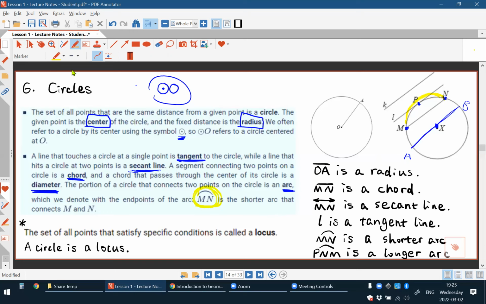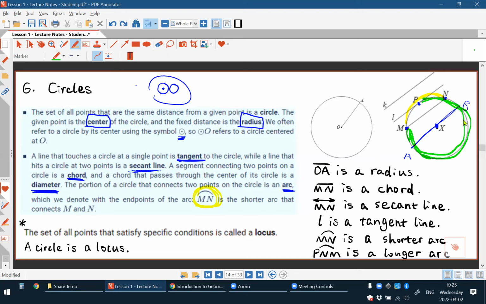And if we want to denote, for example, a longer arc, such as from point P all the way to point M, this is also an arc, right? It's part of the circle.